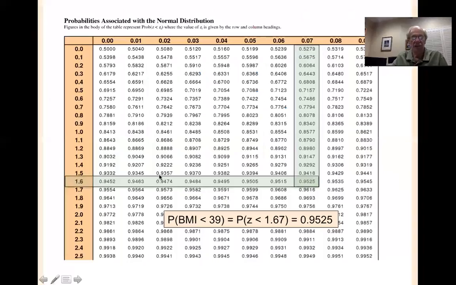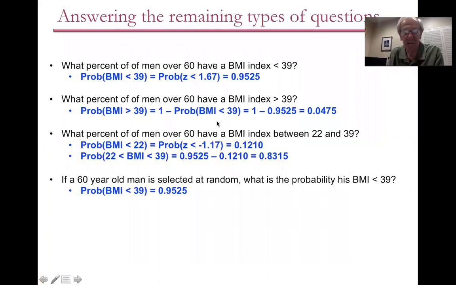I can look up less than 22 using this table. Now, remember the innards of this table, the body of the table, gives me the area to the left of the z-score. All right. So there it is. So I look up 22.